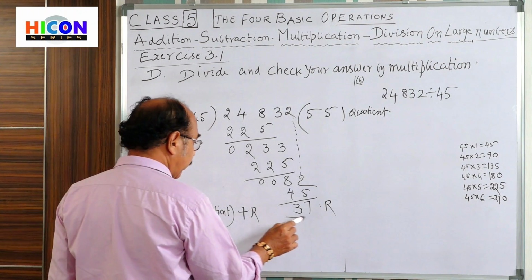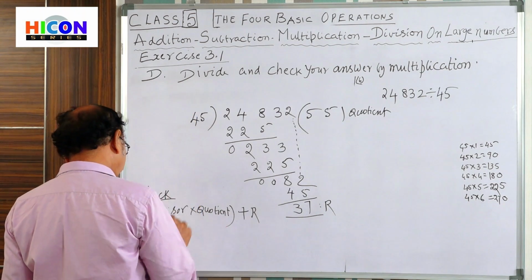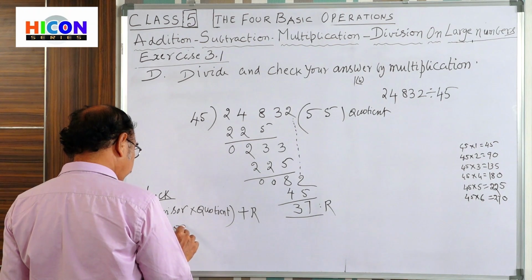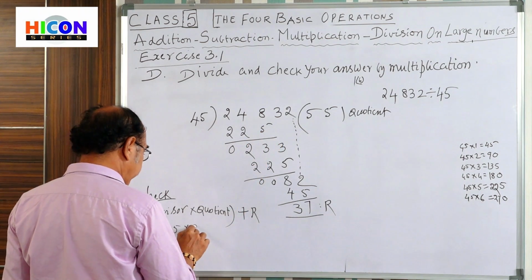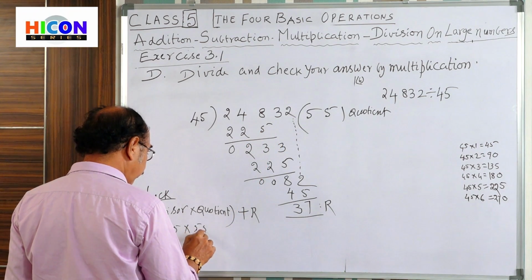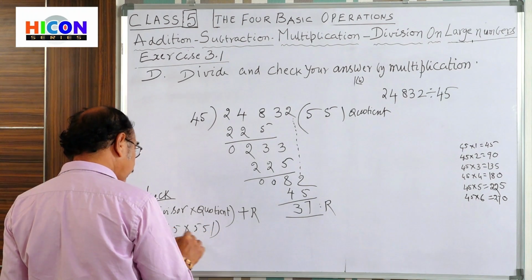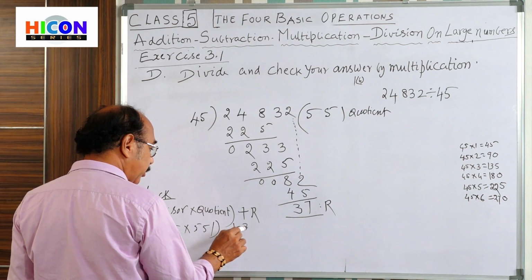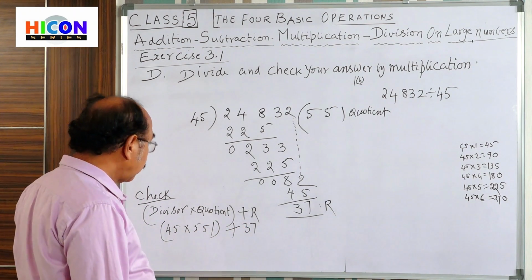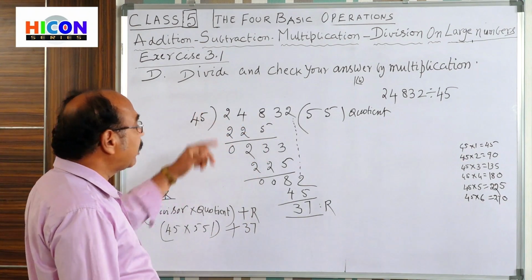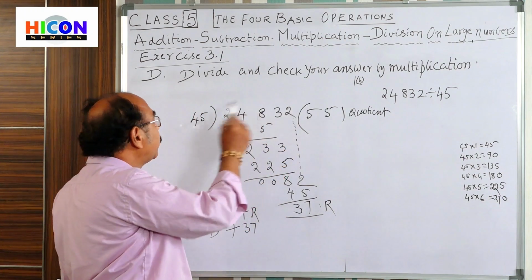Okay, children, what is the divisor? 45. What is the quotient? 551. Add the remainder. What is the remainder? 37. Now 551 into 45.